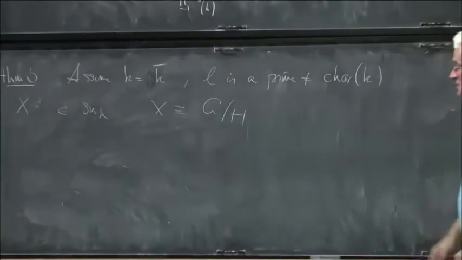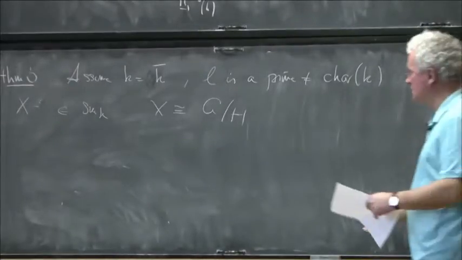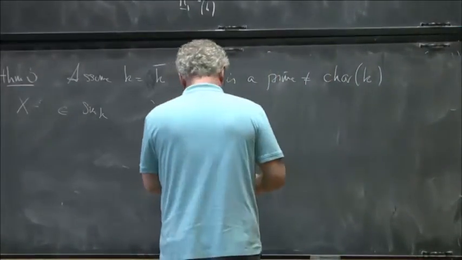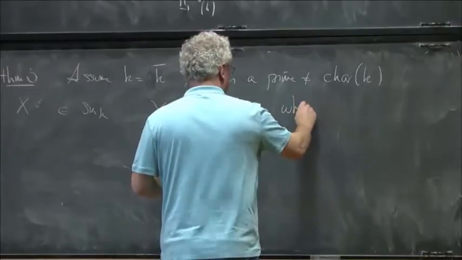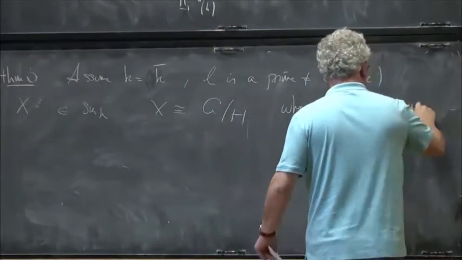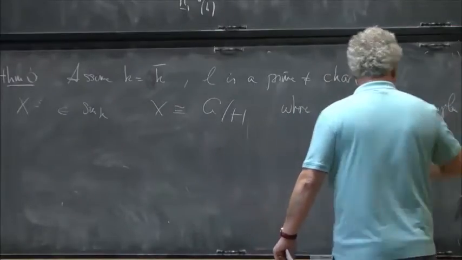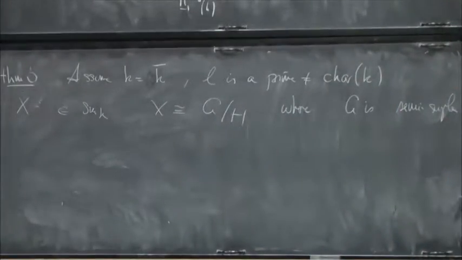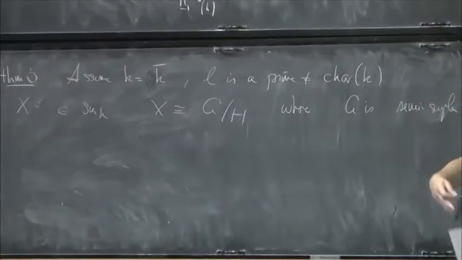It's easier in characteristic 0 because there are more theorems on torsors in characteristic 0. So where G is semi-simple. Why semi-simple? Because if I said an algebraic group, I could put G_m, for instance, and it's already wrong. So this is to avoid G_m's. Okay, semi-simple.